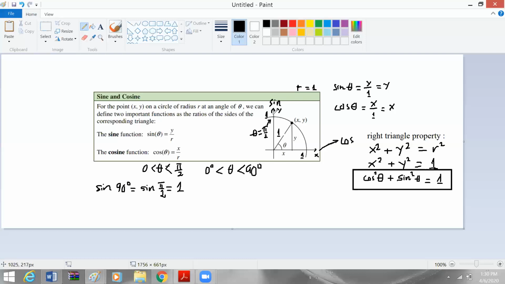Okay, but however, the cosine is literally 0, because when this point x and y go to that part, all the value that when you look at the x-axis will be equal to 0. So meaning that the cosine of 90 degree, vice versa, another way that we can write, the cosine of pi over 2, equals 0.